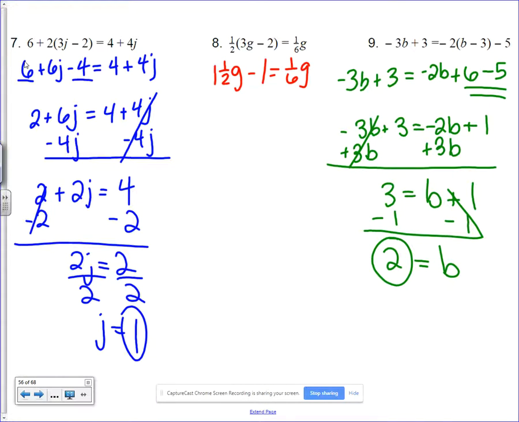Okay, which one's smaller? Which one are you going to move? Which one's smaller, 1.5 or 1/6? Okay, so if I move the 1/6 over, how am I going to do that? Am I going to add it or subtract it? Yep, it's positive, so we're going to subtract it.